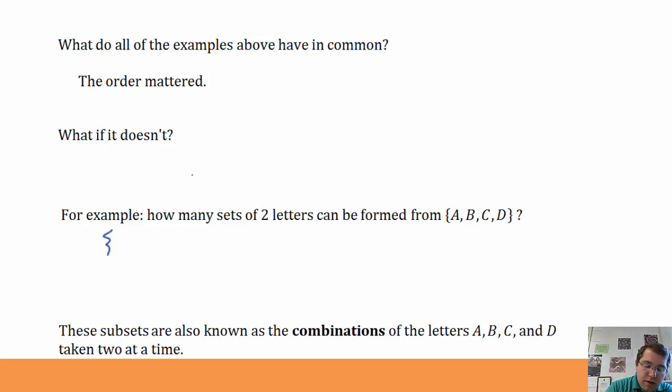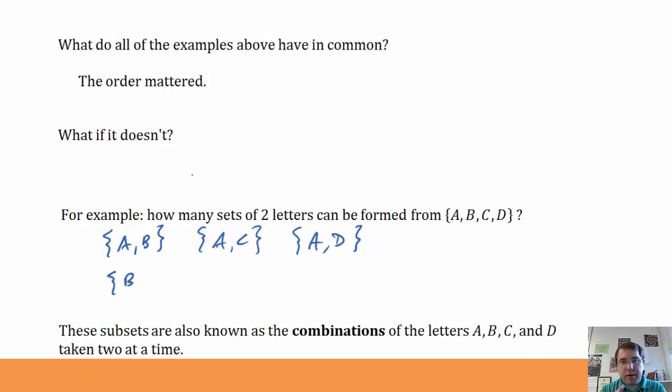Well, I can group A and B. I can group A and C. I can group A and D. Those are all the groups that contain the letter A. There are no other ones. B's already been paired with A, so B and C, B and D. Now I can take groups that contain C. Well, C's already been paired with A and with B. That just leaves C with D. And then the groups that contain the letter D, I've already got all those.